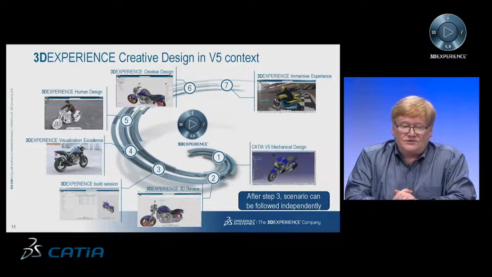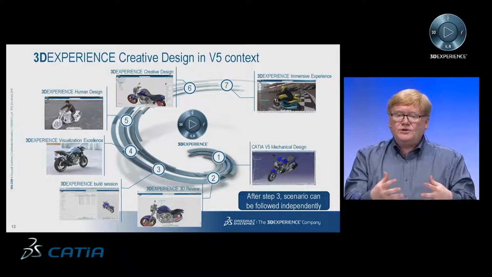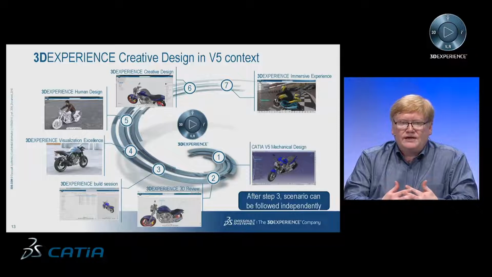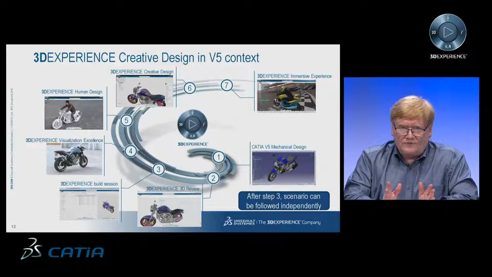We'll take advantage of some of the visualization tools in CATIA 3D Experience. We'll insert a human mannequin into our design process. And we will then look at how we can use some of the geometry creation techniques, surface creation techniques in CATIA 3D Experience and apply those to our V5 design, to modify our V5 design.